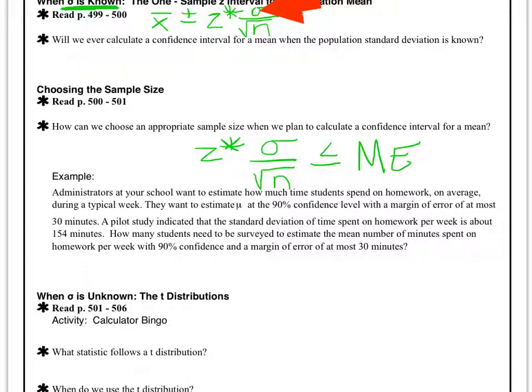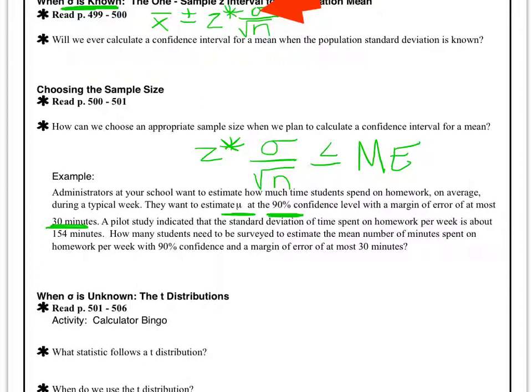And what I can do, not knowing the population standard deviation, is I can look at some previous studies or pilot studies and see if they have a standard deviation that I can use for a good estimate. And in this case, if we look at this example, administrators at your school want to estimate how much time students spend on homework on average during a typical week. So that means they want to estimate the mean at a 90% confidence level with a margin of error of at most 30 minutes.